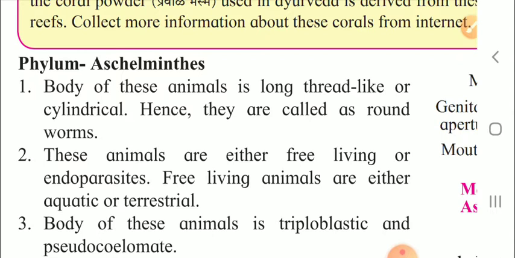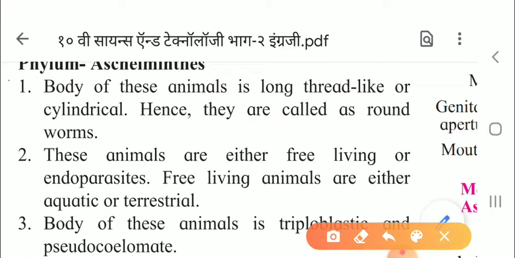First, the body of this animal is long, thread-like, or we can say cylindrical. Cylindrical means they are tubular, hollow tubular shape. That means they are cylinder shape, so they are called cylindrical.